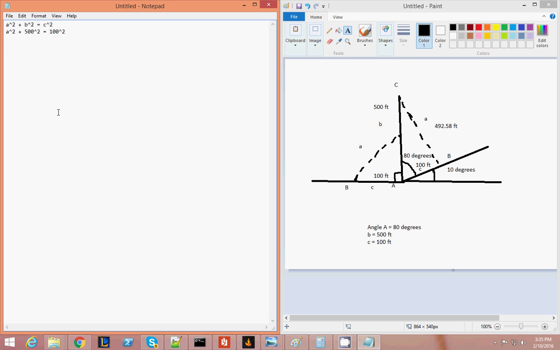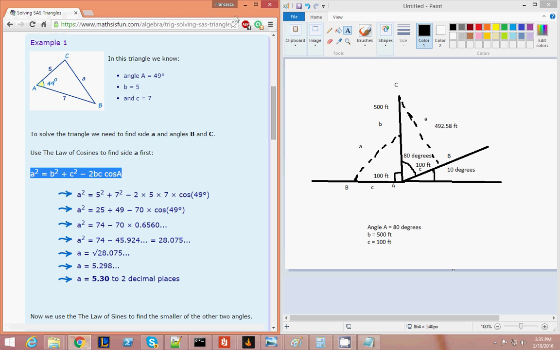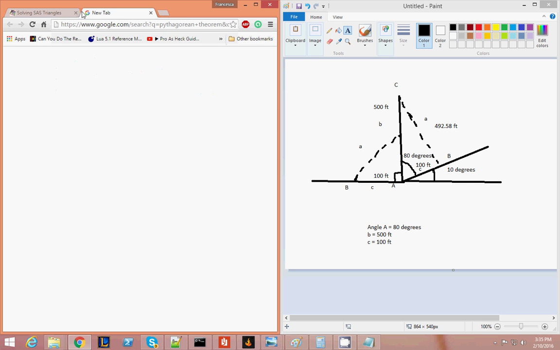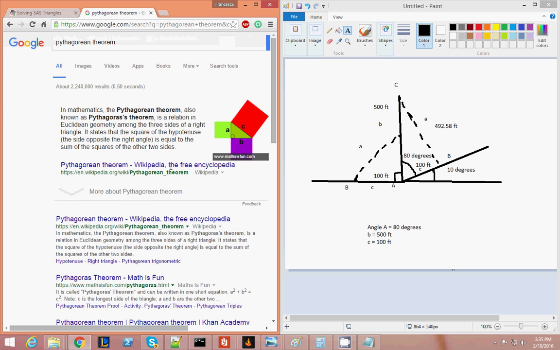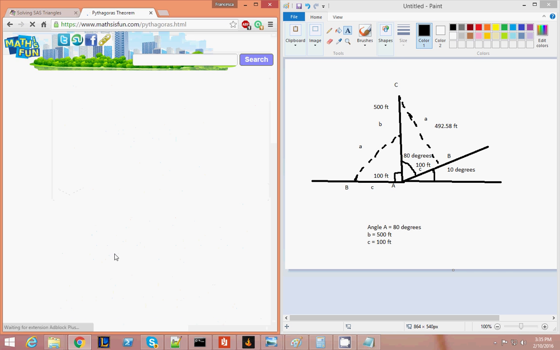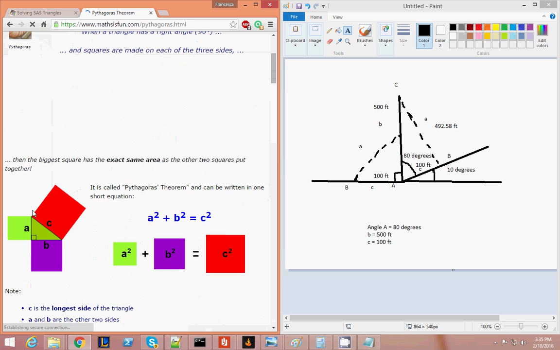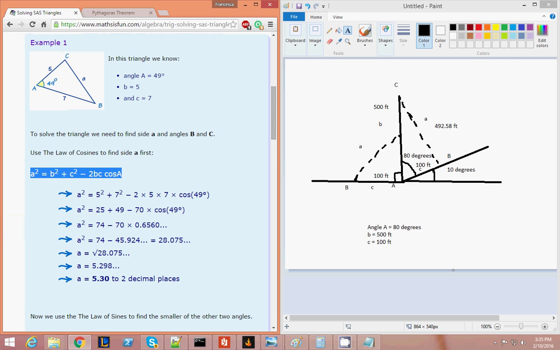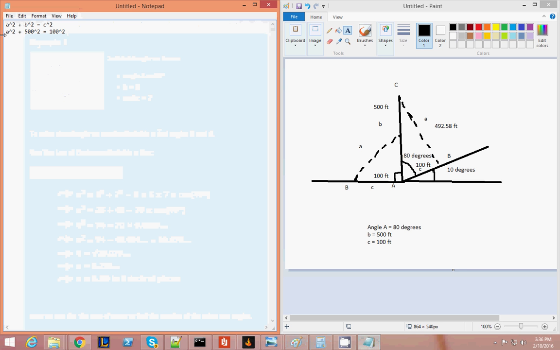So yeah, a squared plus b squared equals c squared. Alright, here we go. So we want unknowns on the left, numbers on the right. Got a squared is equal to 500 squared, sorry, negative 500, and a positive 100 squared.